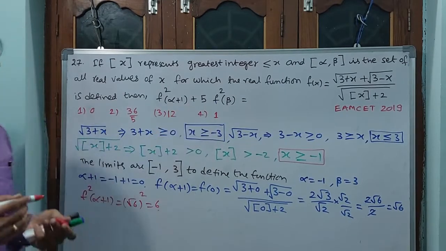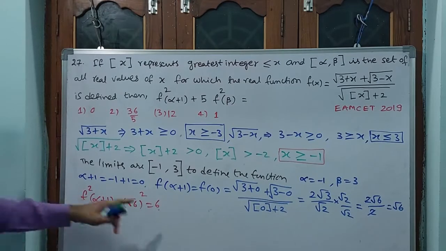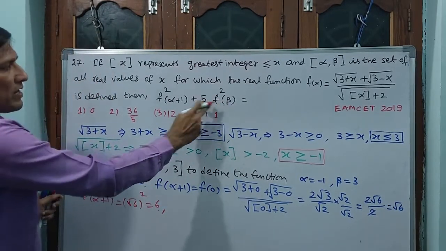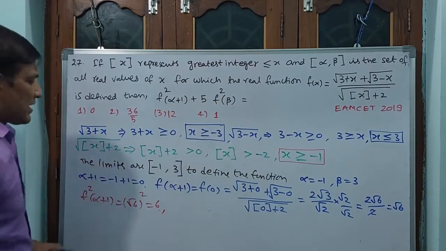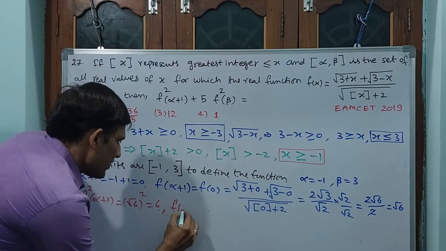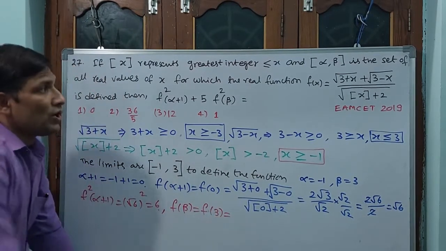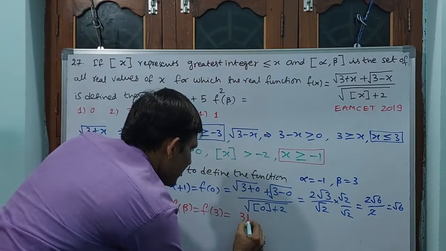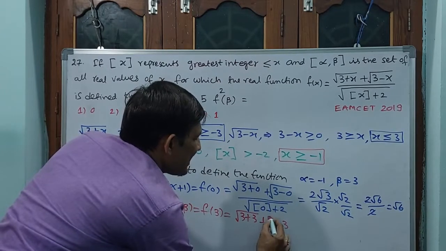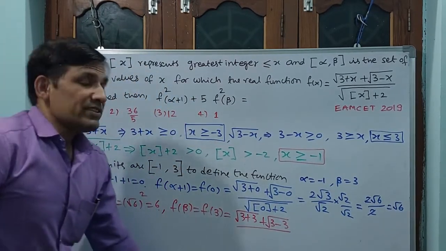Now you go for f of beta also. 6 you have got, don't forget. Comma, f of beta square. See 5 times, first you find f of beta. What is f of beta? F of beta directly you can take f of 3. F of beta is equal to f of 3, that is equal to 3 plus 3 under root plus 3 minus 3 under root divided by greatest integer 3 means 3 only.